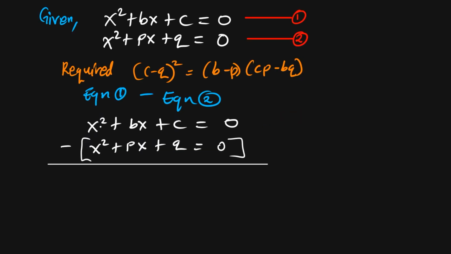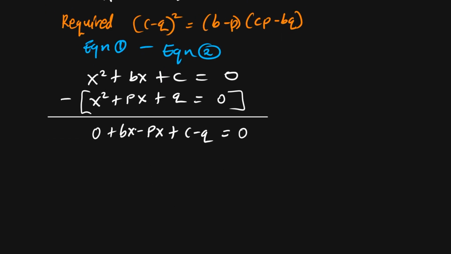So, x squared minus x squared, we get 0, plus bx minus px, then plus c minus q, equals 0 minus 0, we remain with 0.